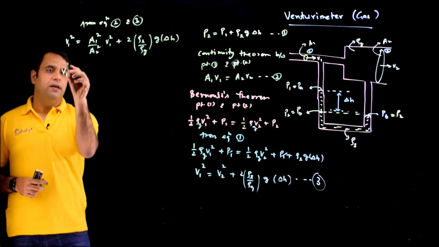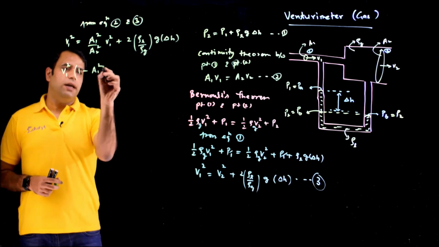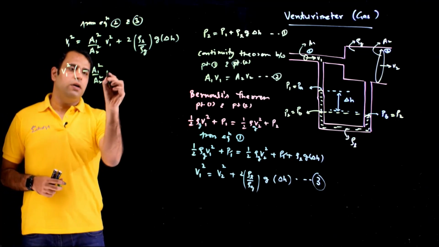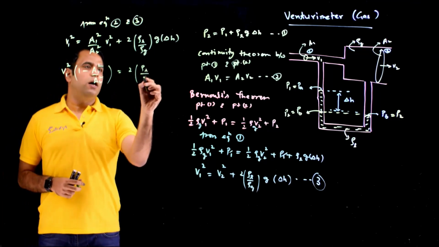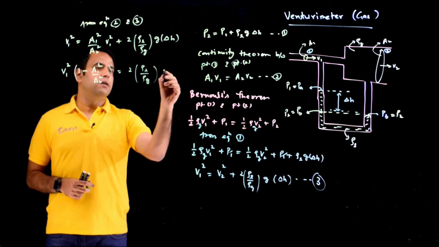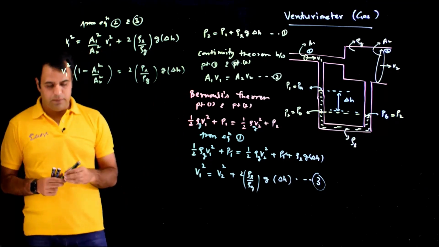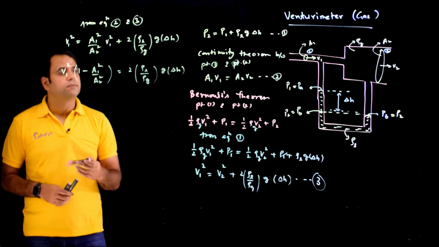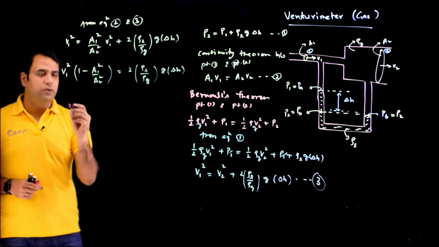So it will be V1 square into 1 minus A1 square upon A2 square is equal to 2 rho L upon rho g delta H. So we'll take the under root.